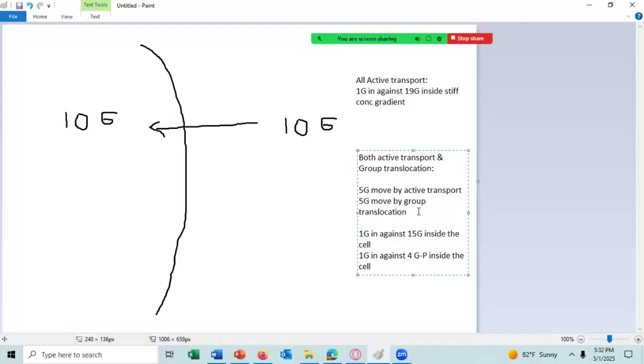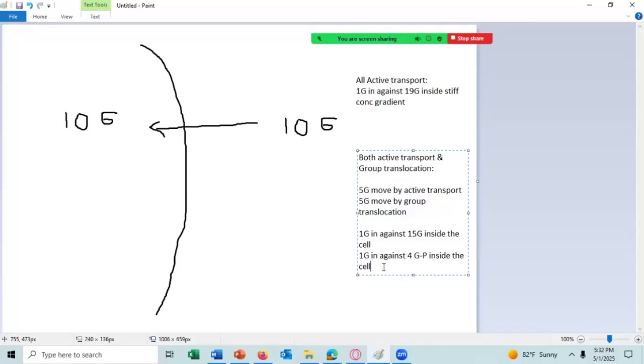So anyways, the point is that even in the active transport, this is a less steep gradient because instead of one glucose moving against 19, it's now only one glucose moving against 15. And then the group translocation, it's one outside the cell moving inside the cell against 4 glucose 6 phosphate inside the cell.